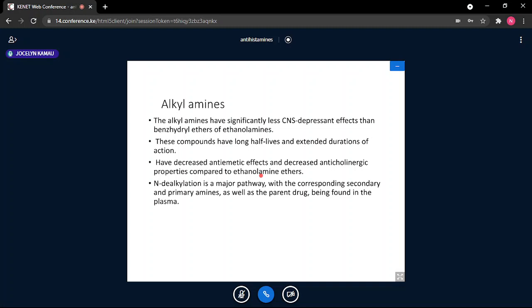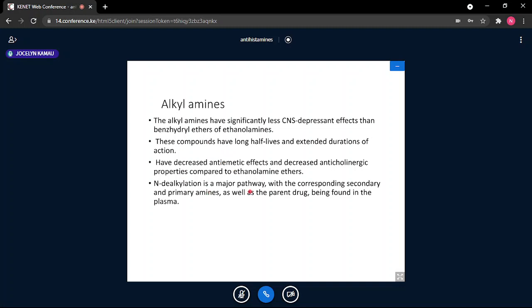Although they have structural resemblance with the cholinergics, they do not trigger that receptor, they will block that receptor, and therefore the anticholinergic effect. So again, because of the structure of these drug groups, they will have lower anticholinergic effects as compared to the ethanolamines.